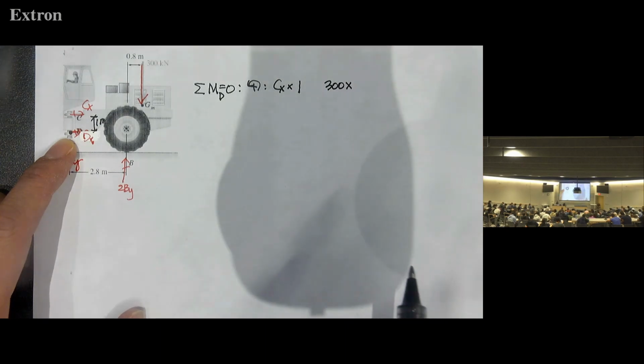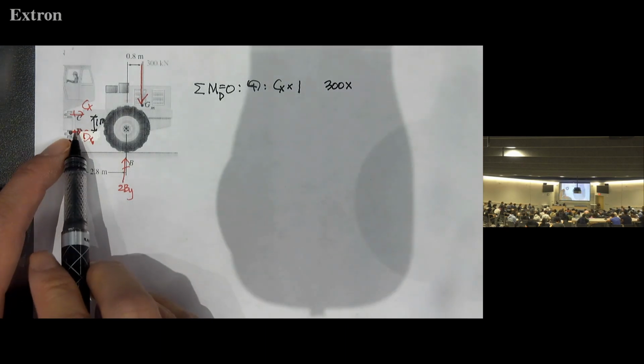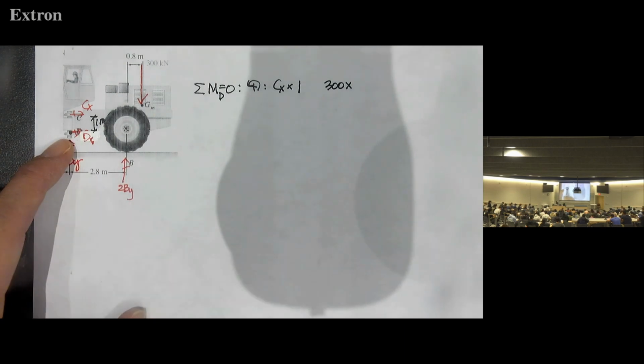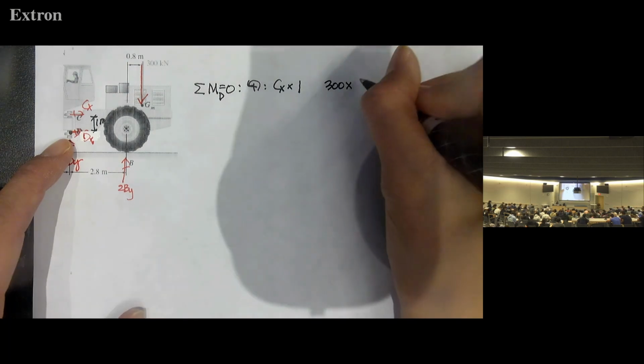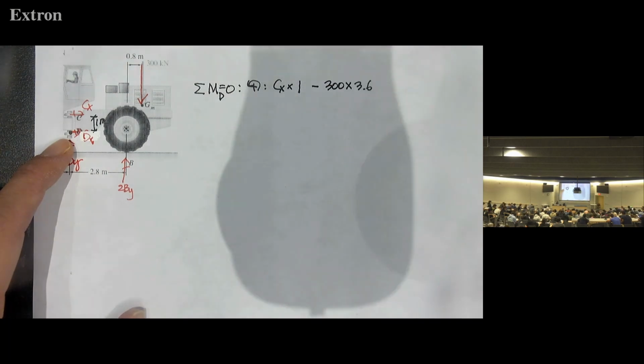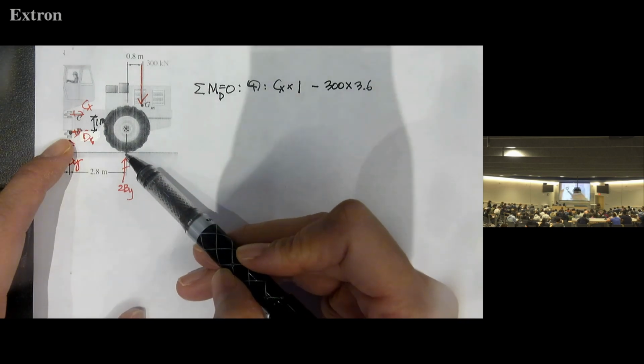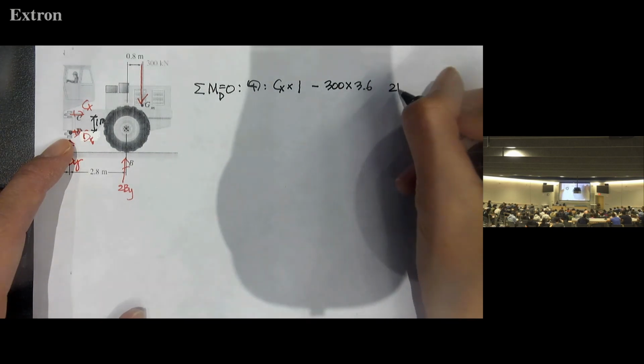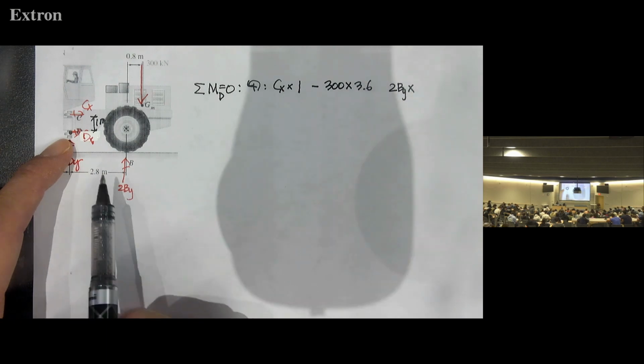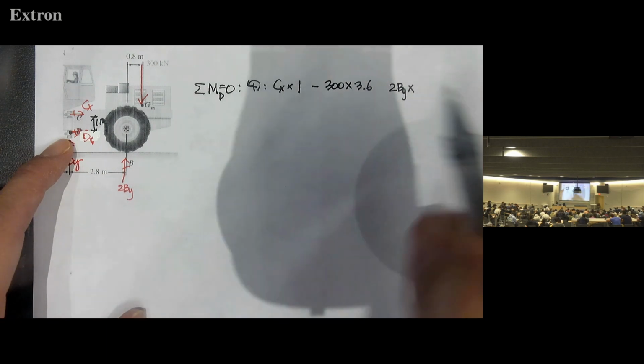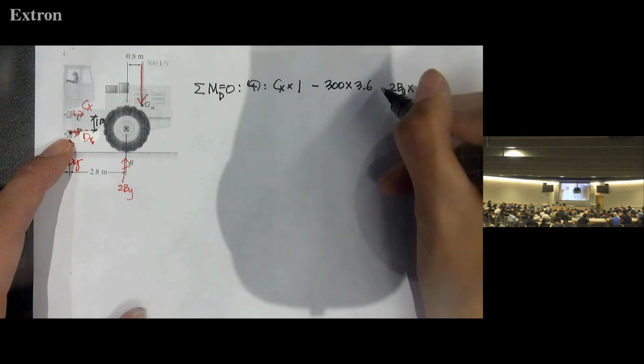And then moment by 300. 300 times distance between this to this. 2.8 plus 0.8, 3.6. And then last moment by 2BY. 2BY times distance here, 2.8.